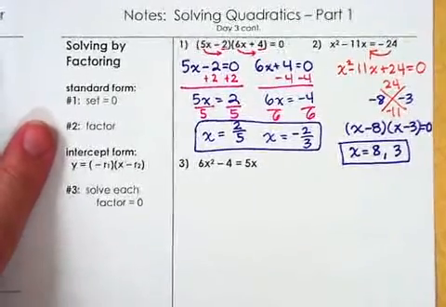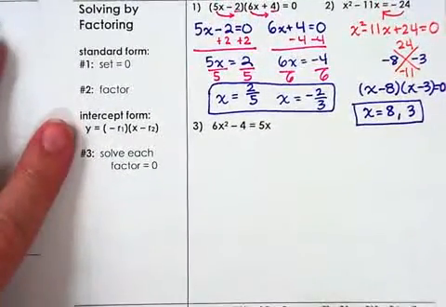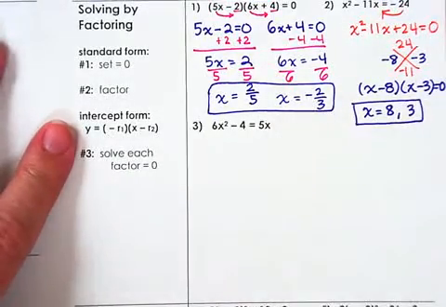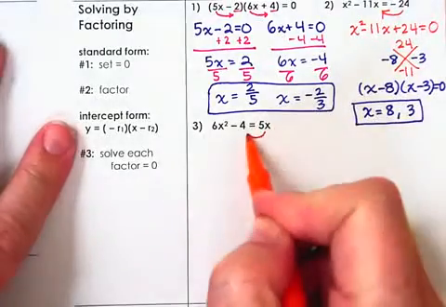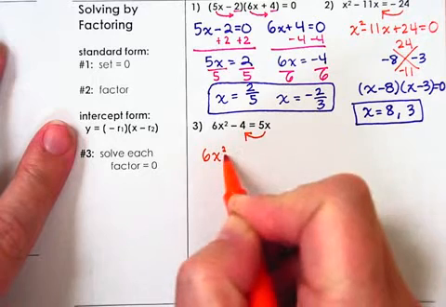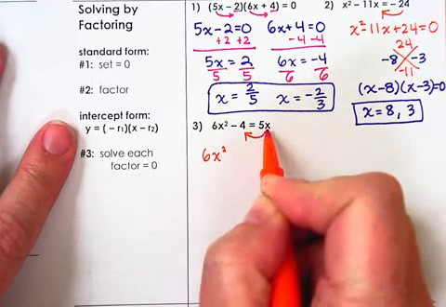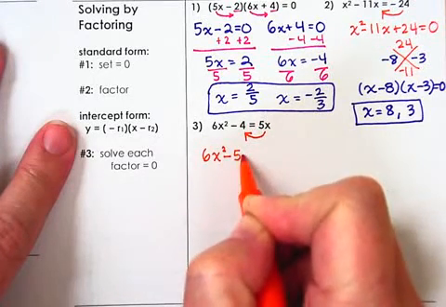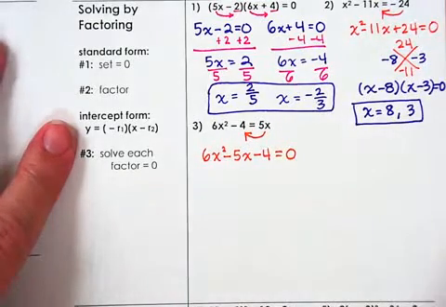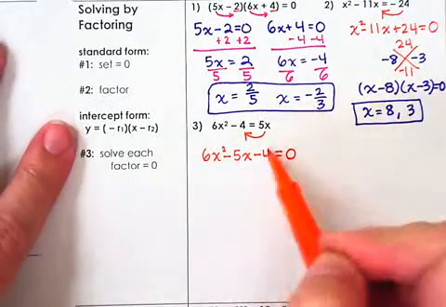Okay, let's try one more. Here I have a 5x on the right-hand side, so we need to move that 5x to the other side, subtract it over. So I have 6x squared, and I'm going to put these in descending order, so minus 5x minus 4 equals 0. Now this is a little bit harder trinomial to factor. I need to do my step where I multiply 6 times 4.